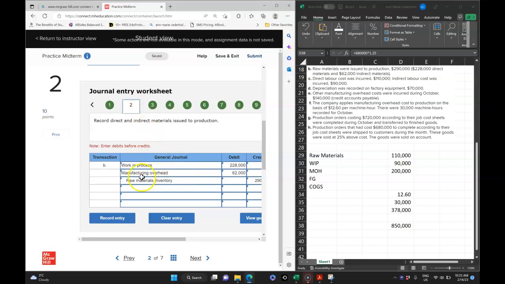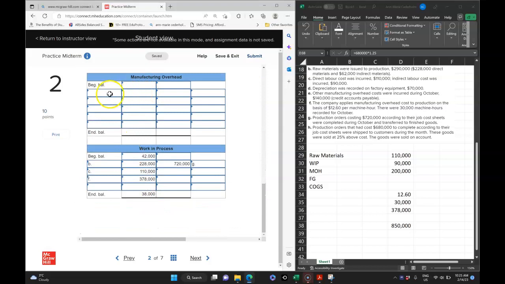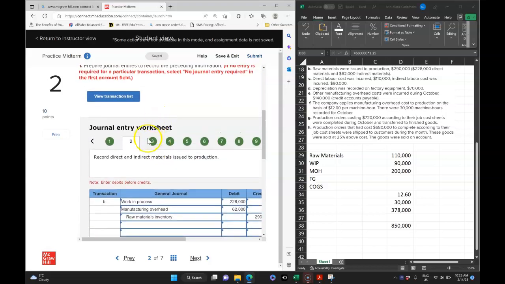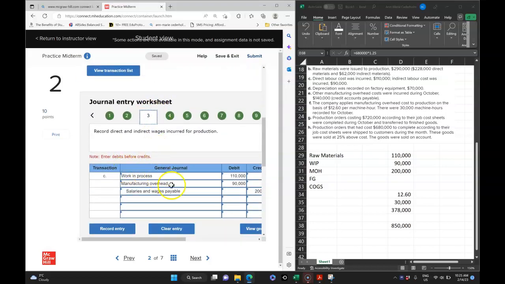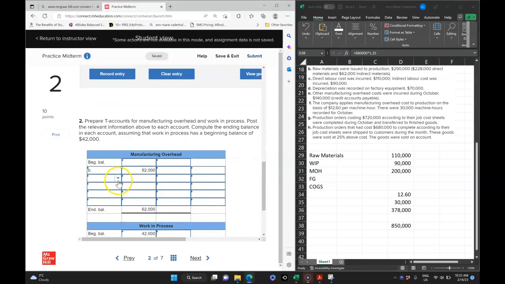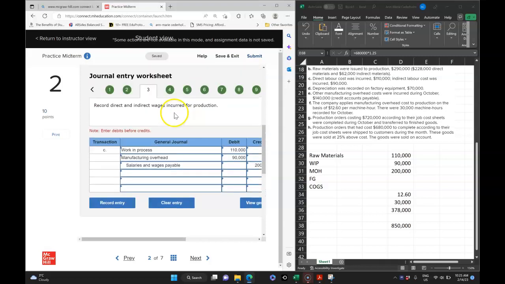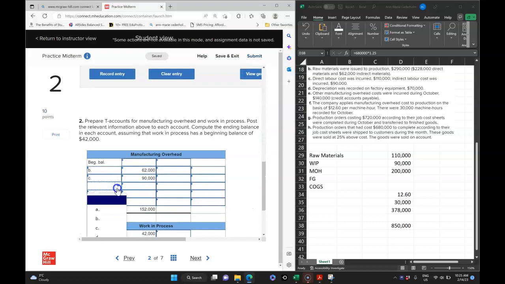And see whenever we put manufacturing overhead down. So B, manufacturing overhead for 62,000. C, manufacturing overhead for 90,000. D, manufacturing overhead for 70,000.